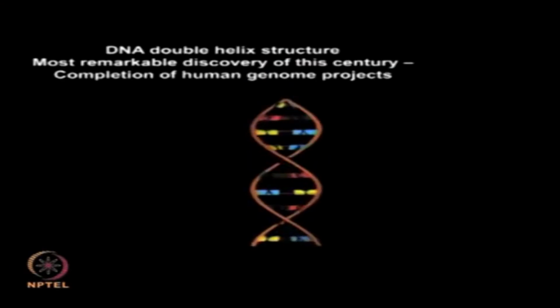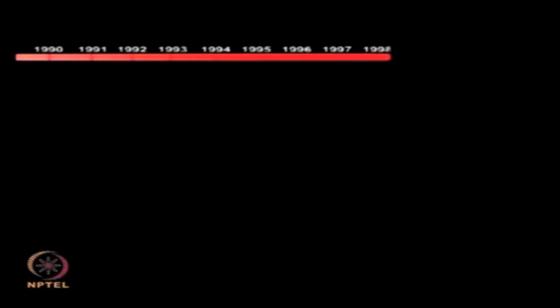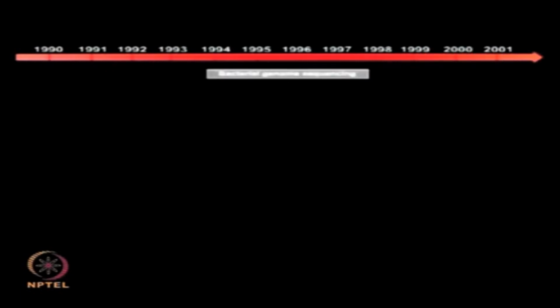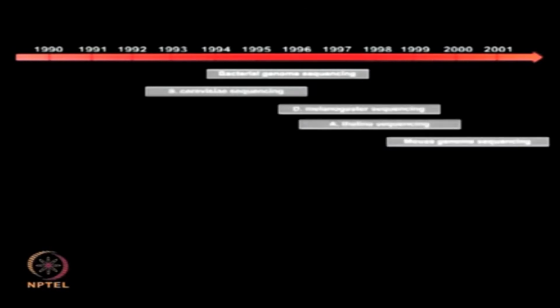The completion of genome sequencing projects of several organisms, including human, has been one of the most remarkable achievements of this century. However, these have not been sufficient to unravel the mystery of complex biological processes. The similar gene numbers of many diverse groups of organisms have failed to explain their varying biological complexity.